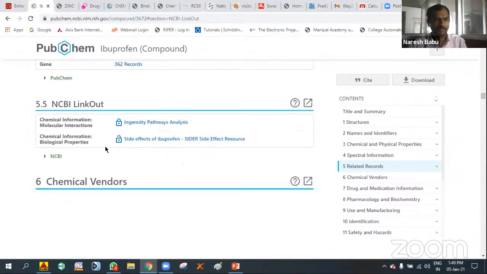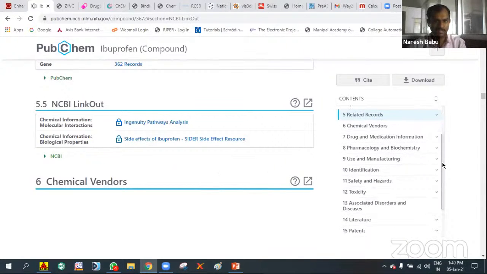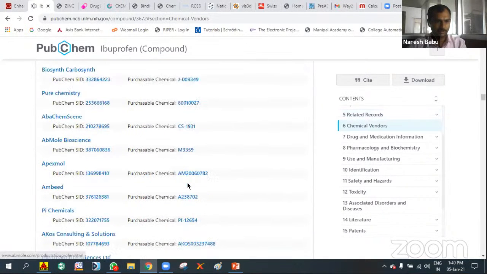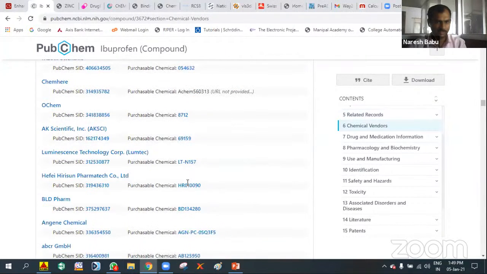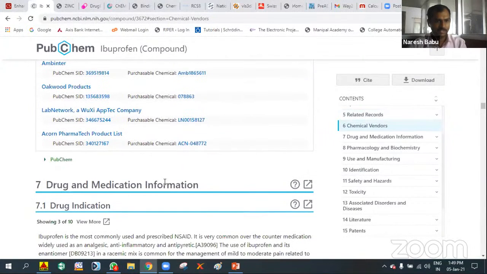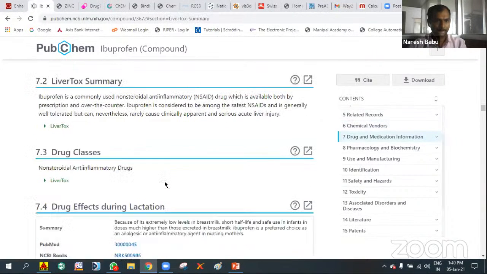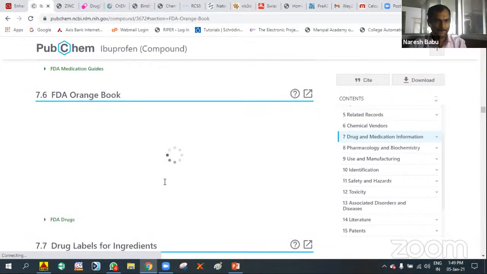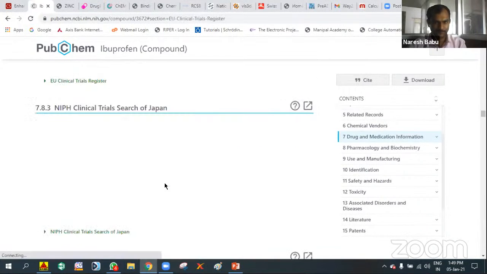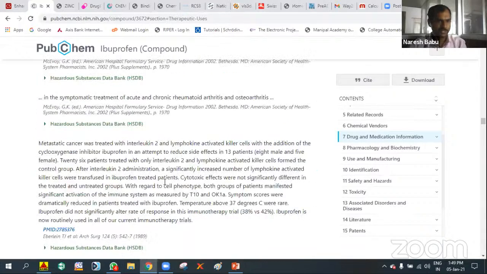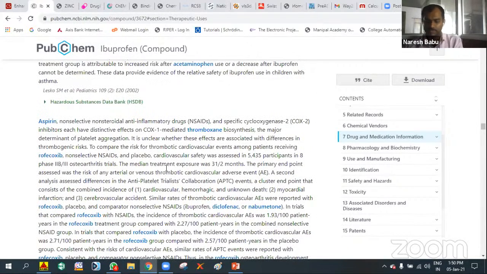So this PubChem database is very useful to find the complete information about the compound, along with safety hazards and toxicity. If you go down, these are the vendors you can observe, and drug interactions clearly. Pharmacology and biochemistry, and different uses and manufacturing. So complete relevant data we can observe for that.